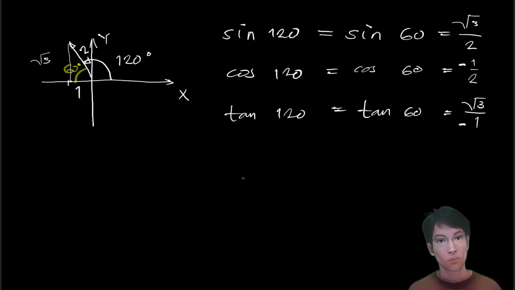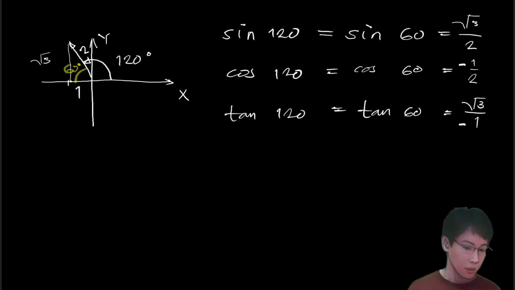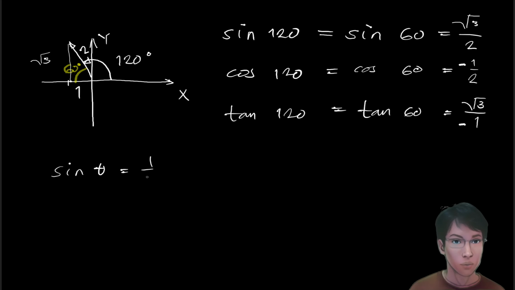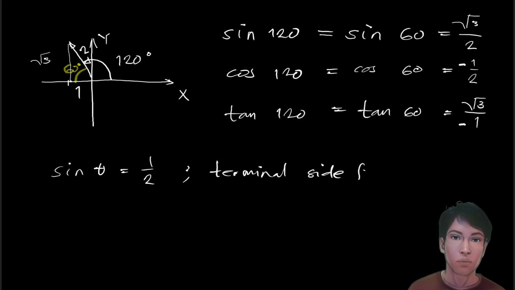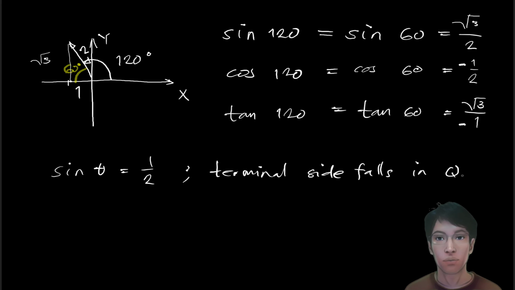Now, let's have an example wherein sine theta is equivalent to 1/2, but the terminal side falls in quadrant 2.